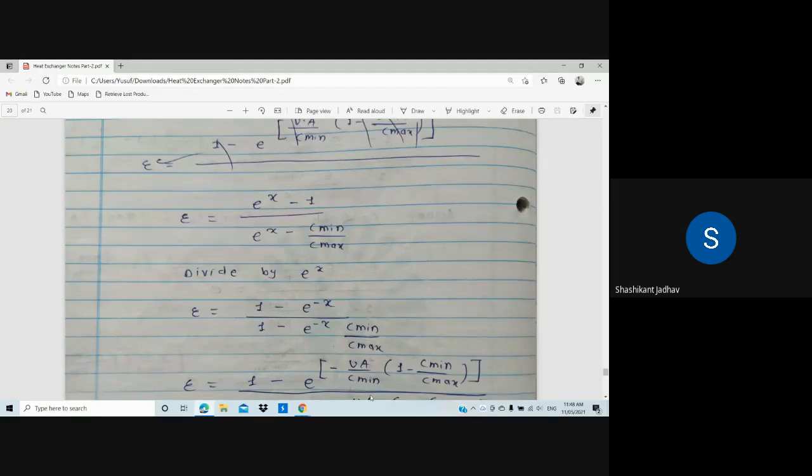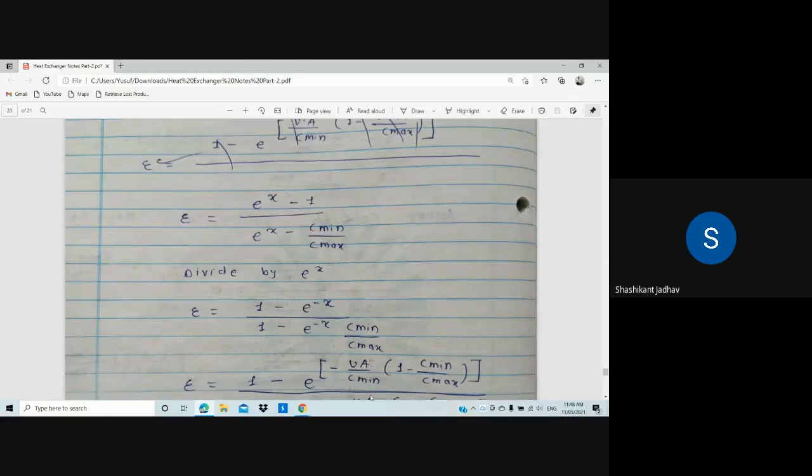Okay, all of you write down epsilon is equal to e raised to x minus 1 divided by e raised to x minus C minimum upon C max. Now divide this equation by e raised to x. If you divide the numerator and the denominator of this equation by e raised to x, what will happen?